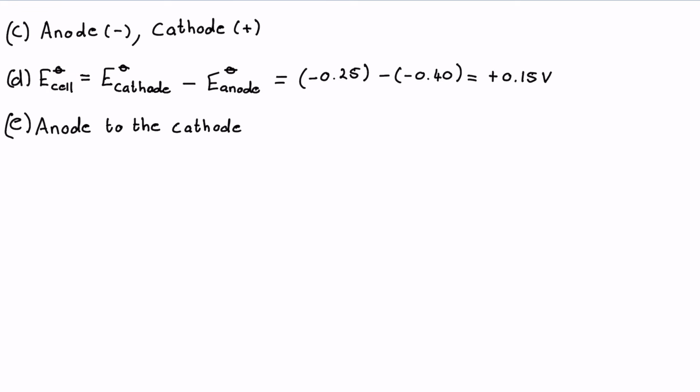Our reason for that is they're generated at the anode and they're consumed at the cathode, and that's why they flow as such. Cool.